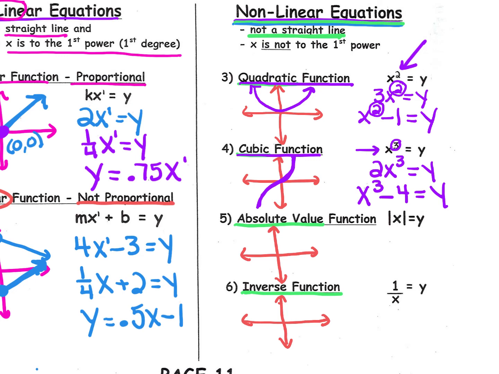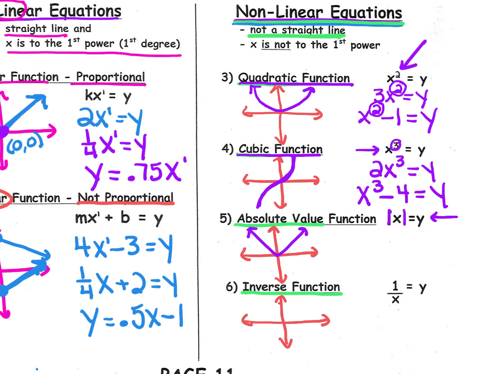Let's go to absolute value. I hope you remember the absolute value symbols. You can see them right here around the x. When you graph one of these equations, it looks like this. It is V-shaped. Now, the equation itself can be as simple as the absolute value of x equals y.